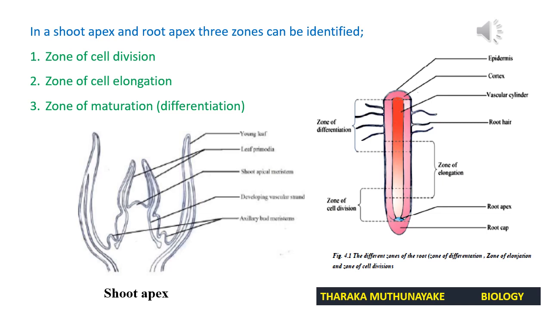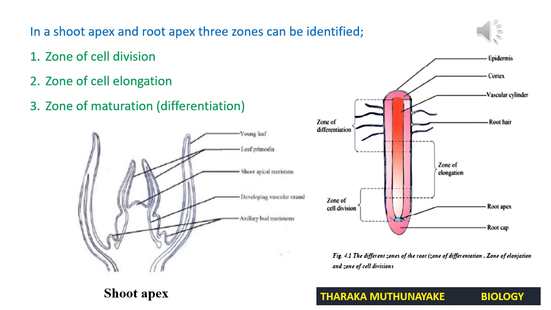Based on this, three zones can be identified in the shoot apex and root apex. Actually, there is no clear demarcation between these. So the zone of cell division, zone of cell elongation, and zone of cell maturation are three overlapping regions found in shoot apex and root apex.